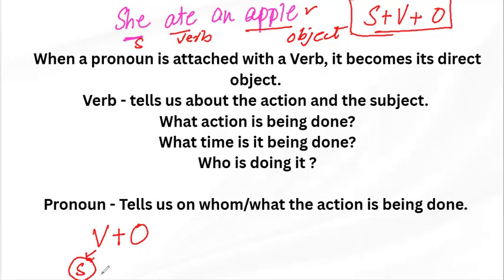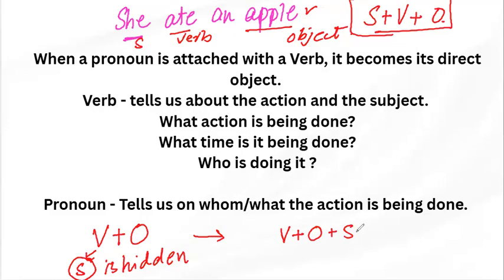Okay? The subject is sometimes hidden if it's not explicitly mentioned. You know how in English you have subject, verb, and object. In Arabic, usually, there can be exceptions, the sentence structure is a verb, then you have the object, and then you have the subject.